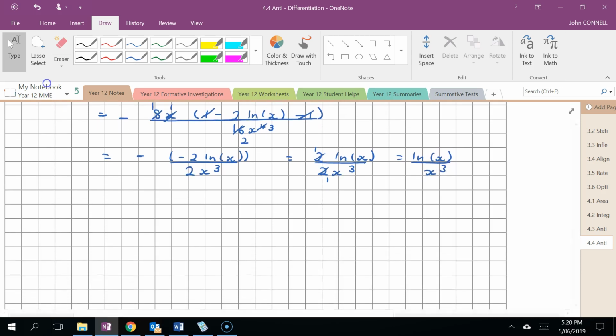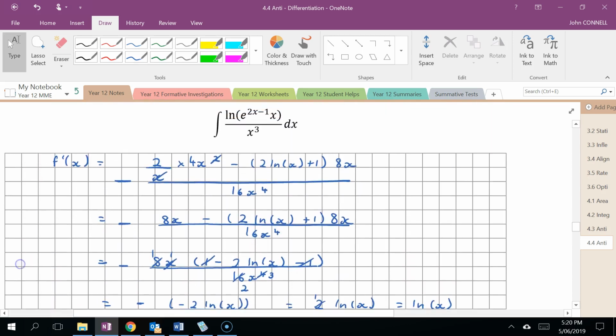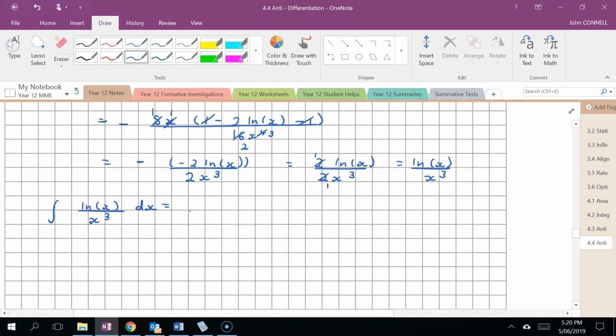So we can say, our first line will say that the integral of ln x on x cubed is equal to this horrible function back here, which was minus 2 ln x plus 1 on x to the 4 plus c.